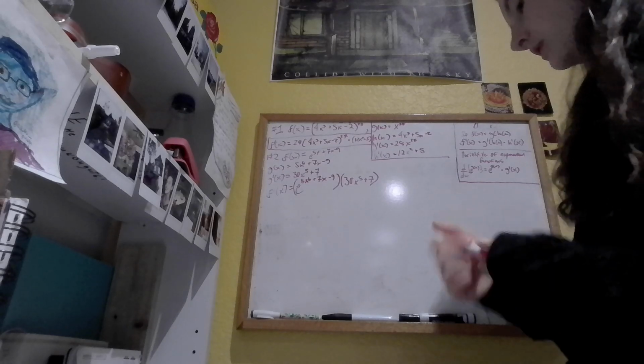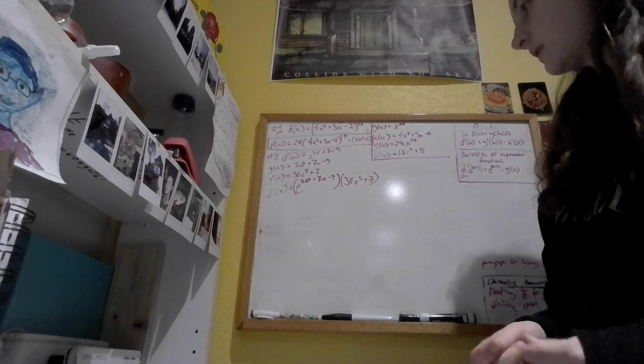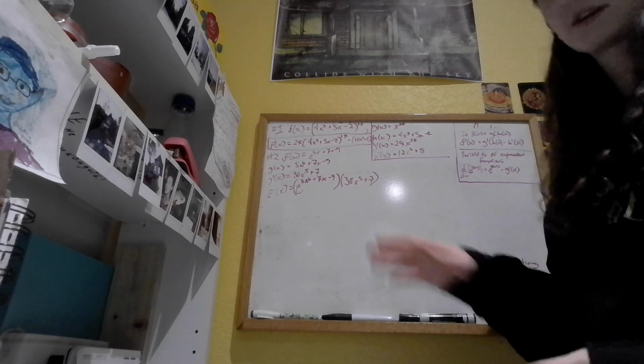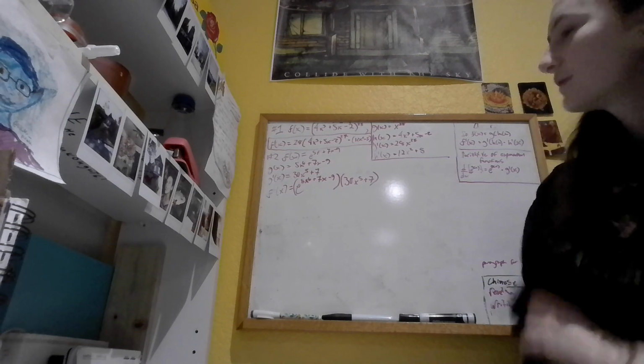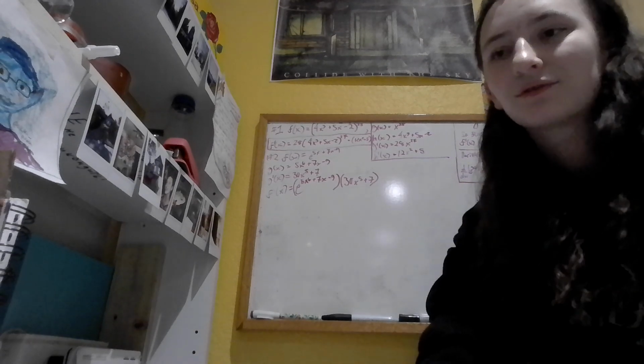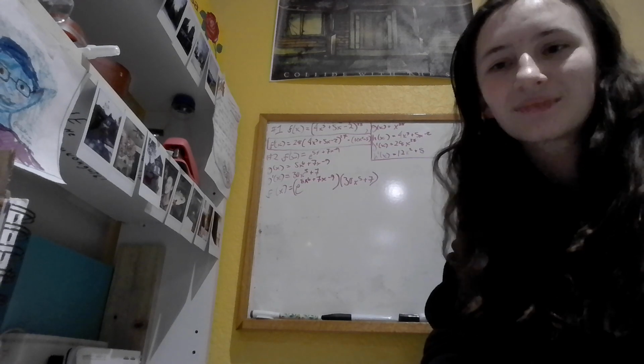Now there isn't really any way to simplify this, so it's best to leave it in its non-expanded form. And yeah, that is the derivatives of two different equations for the math assignment, video assignment number 2. Thank you.